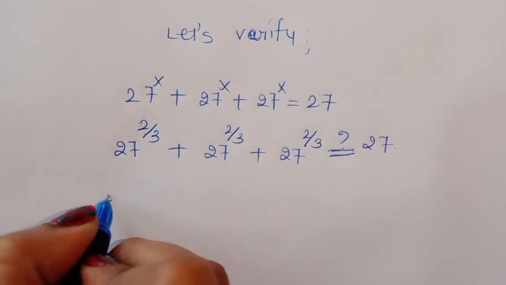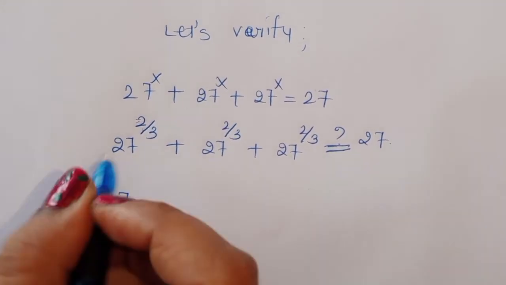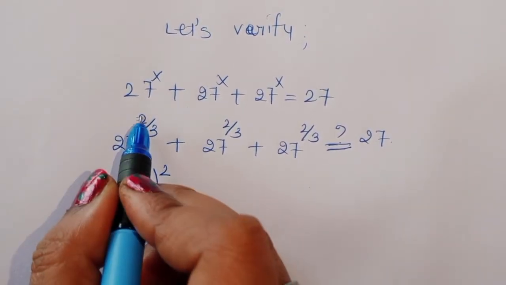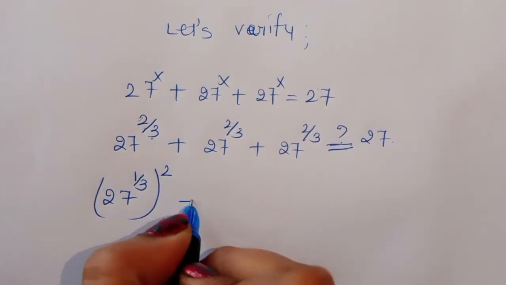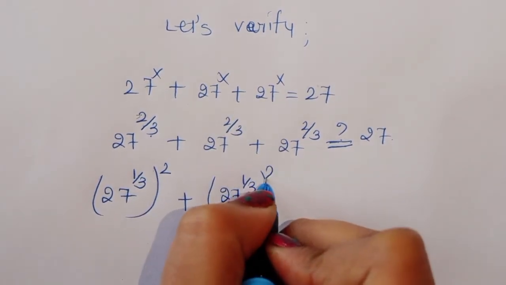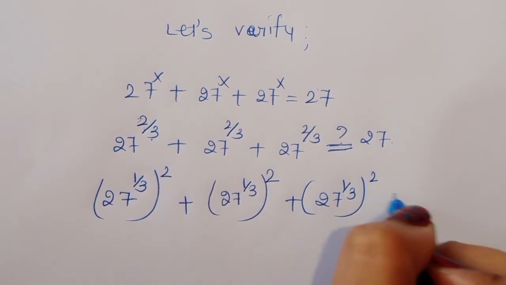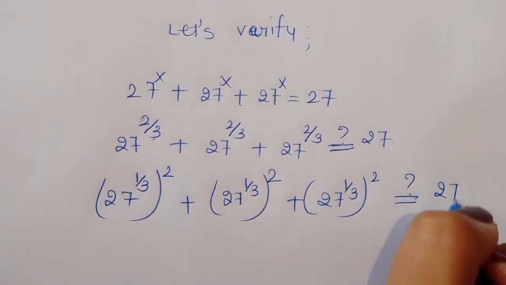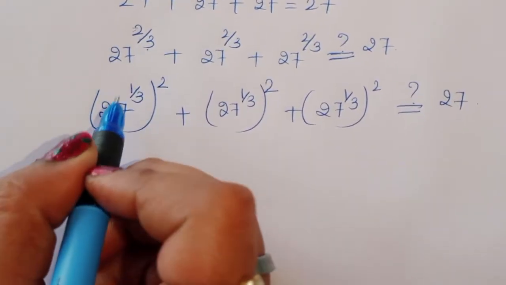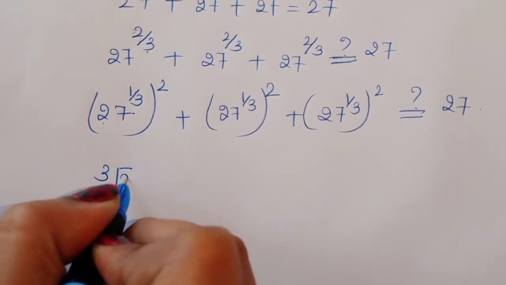Now 27 raised to 2 by 3, we can write as 27 raised to 1 by 3, taking the square outside, plus 27 raised to 1 by 3 square, plus 27 raised to 1 by 3 square, equal to 27. Now we can write 27 raised to 1 by 3 as the cube root of 27.